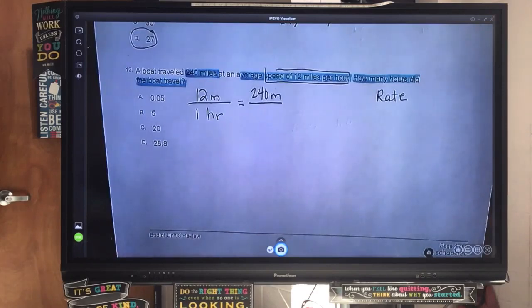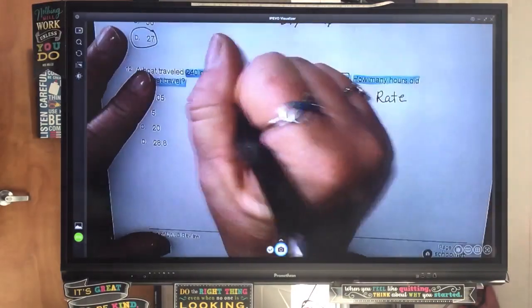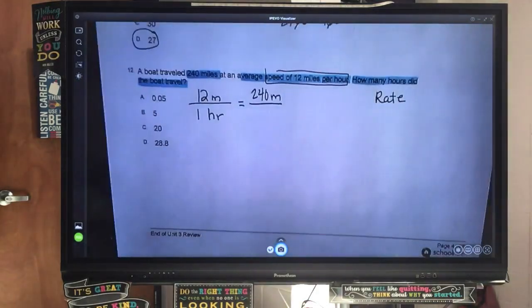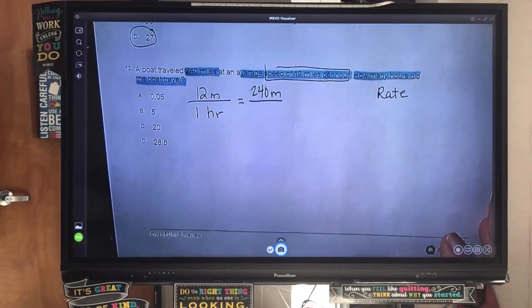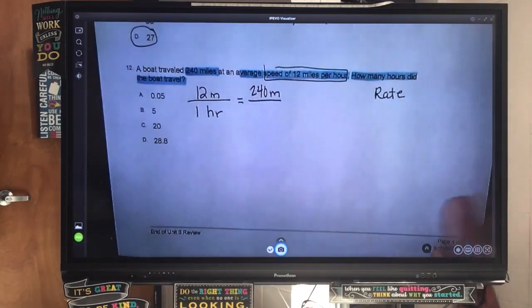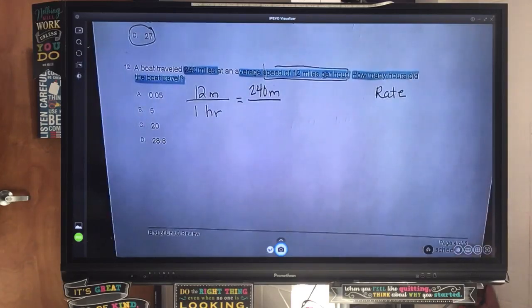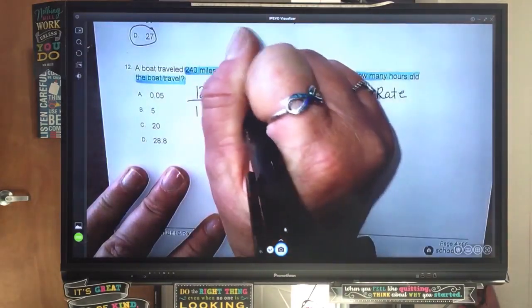Right, and the question is asking how many hours did the boat travel? Alright, so you can go either way. You can multiply 12 times something to get 240, or you can divide 240 divided by something to get 12. What do you wanna do? Hello? What are we gonna do? Emma? Go side to side method? Right, so we're going side to side.